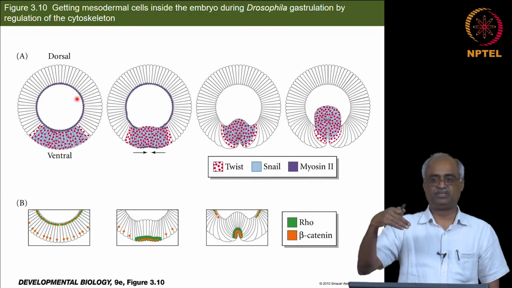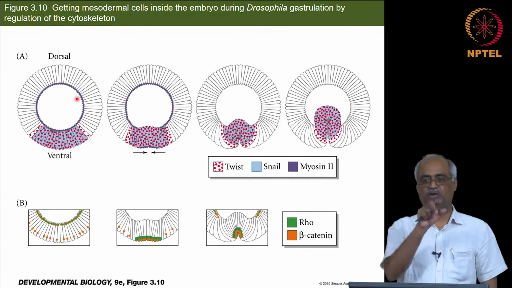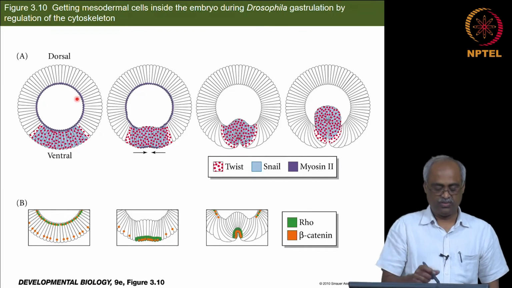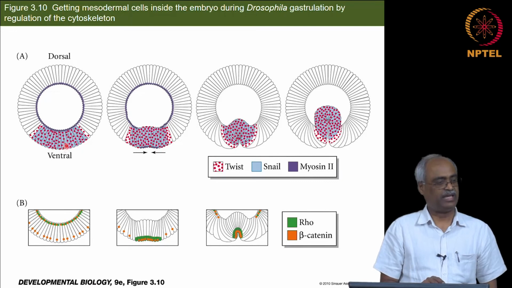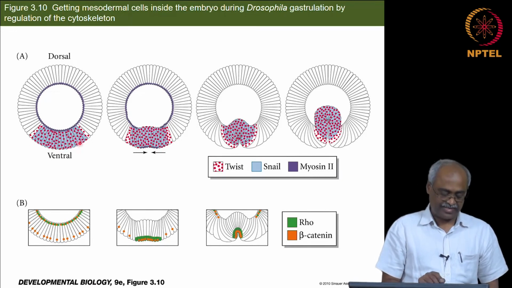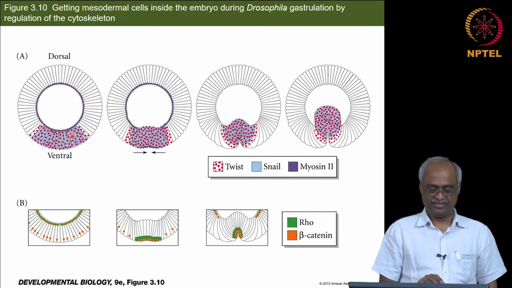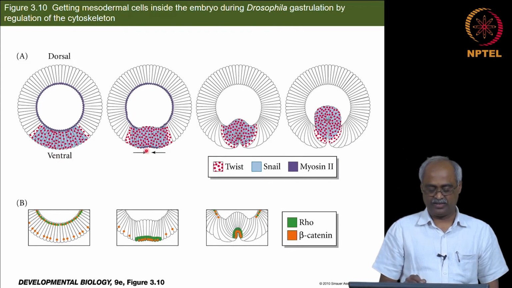Like in your intestine, the outside of the intestine would be the basal, and what is facing the lumen would be the apical. And these transcription factors, twist and snail, are activated only in the ventral cells, differential gene expression again, and that eventually leads to this non-muscle myosin migrating to the apical side.